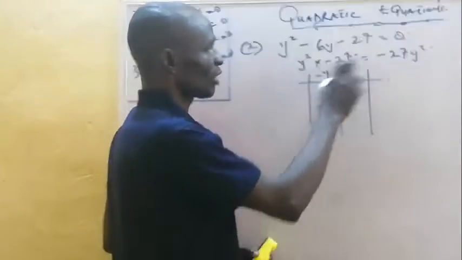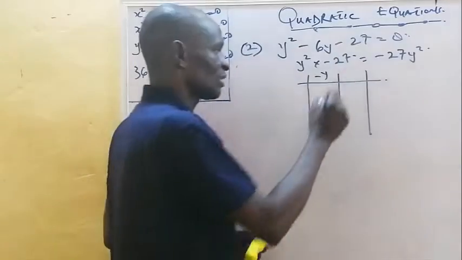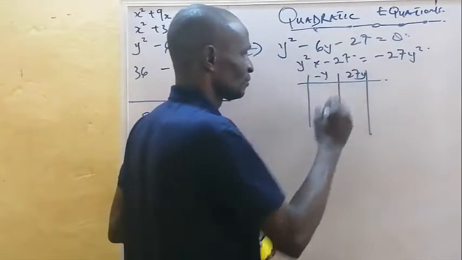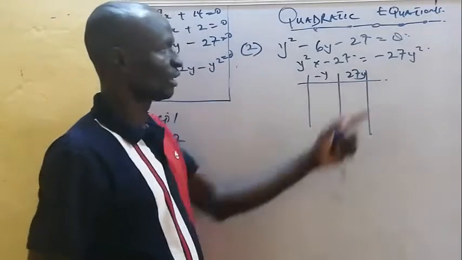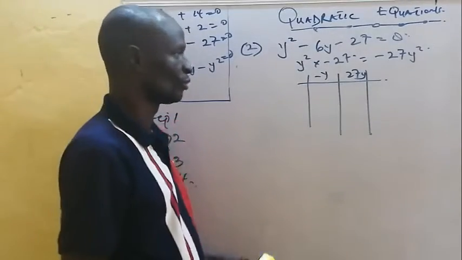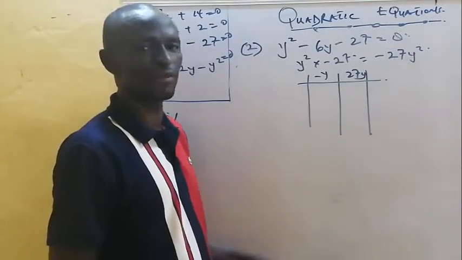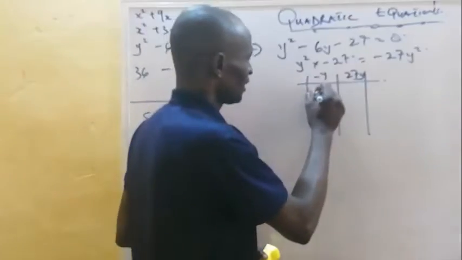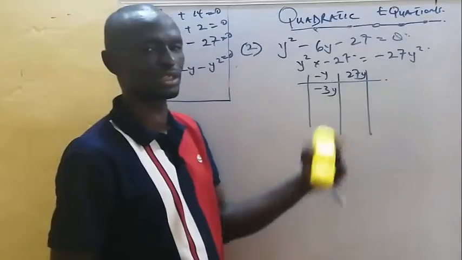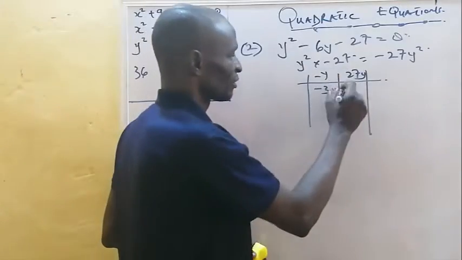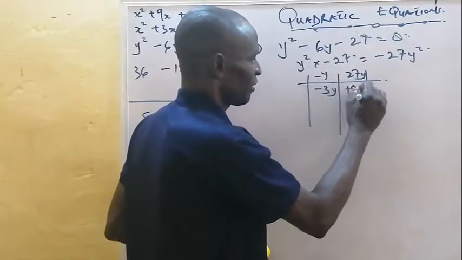Minus y times what to give me minus 27? That's 27y. After minus y, 2. Can 2 divide 27? No. 3. 3 in 27 is 9. Let's pick minus 3. Minus 3y times what to give me minus 27y squared? That's plus 9y.